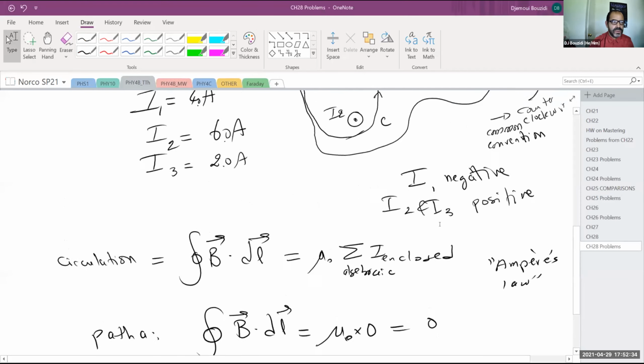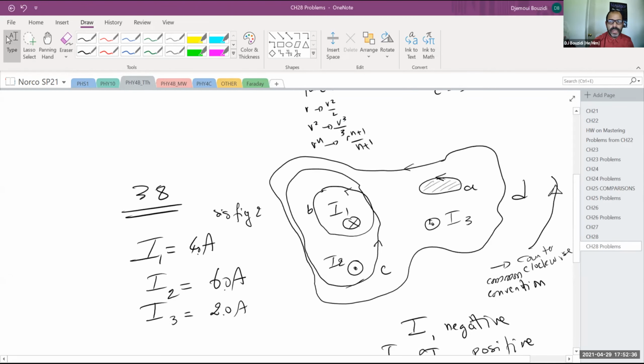Because somebody might be tempted to think, okay, there is a current in here, so it might create a magnetic field in this point. And it is true, it will. And this current, this magnetic field is probably pointing this way. And this current in here will create a magnetic field that is going to be pointing this way. And this one is probably circulating at a different angle, because you have to take the normal to this surface and find the way this one is circulating.